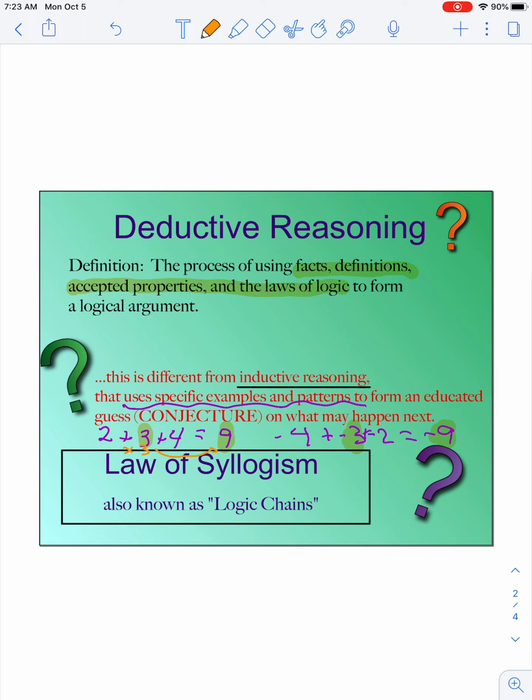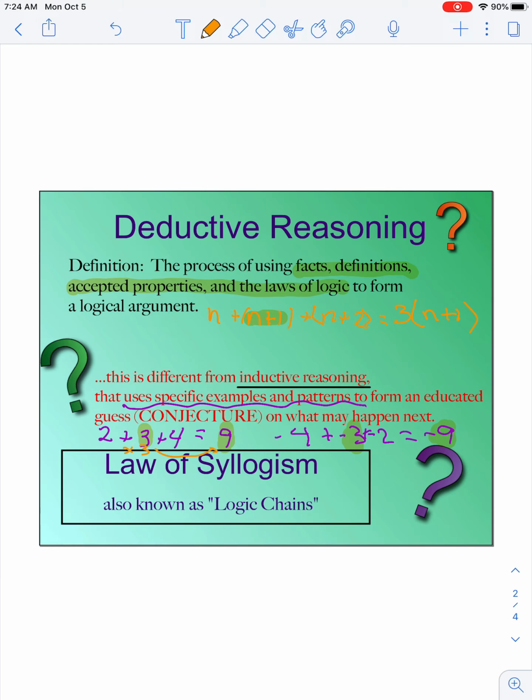But in order for us to actually prove it, we'd be using deductive reasoning, which is what we showed when we said, if n is the first number, then n plus 1 is the second number, and the third consecutive integer would be n plus 2. And our conjecture was that we take that middle number again, right here, multiply it by 3, and that should give us 3 times that middle number.